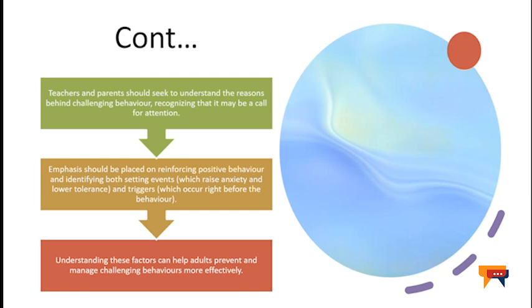In addition, emphasis should be placed on reinforcing positive behavior and identifying both setting events, which raise anxiety and lower tolerance, and triggers, which occur right before the behavior. And understanding these factors can help adults prevent and manage challenging behaviors more effectively.